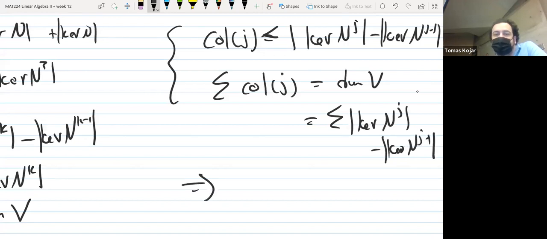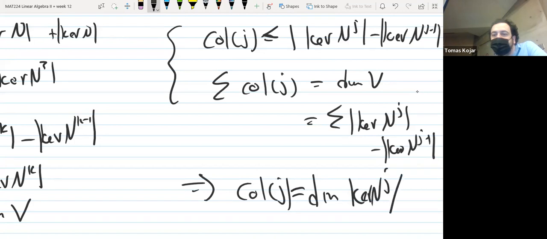Can you get from here that in fact you have column of J equal to the dim of the difference? It's just an algebraic trick. How would you do it mathematically?